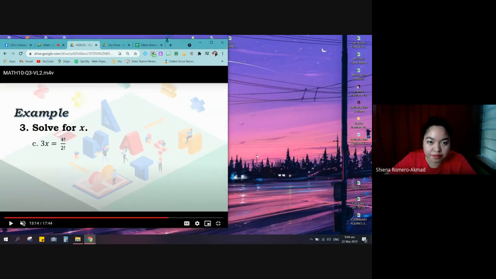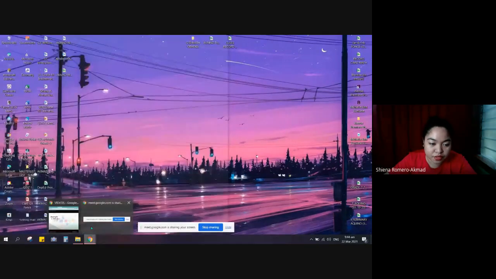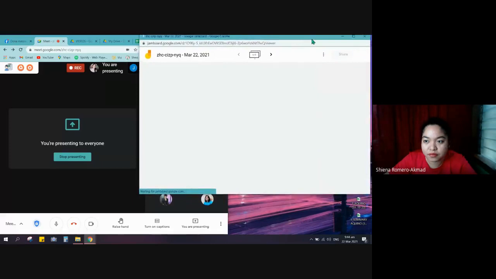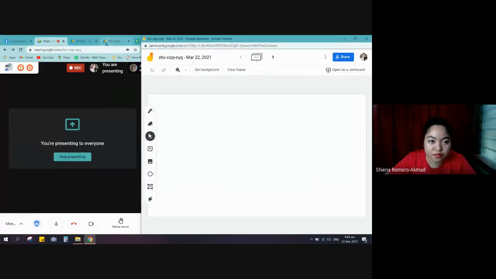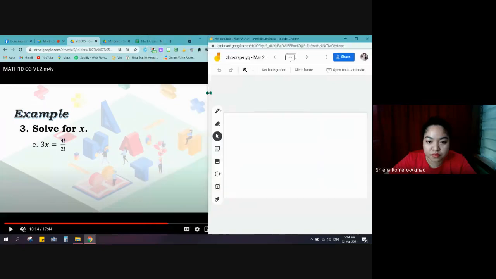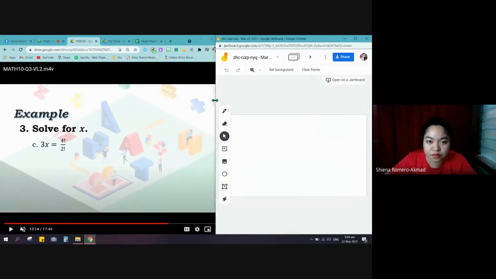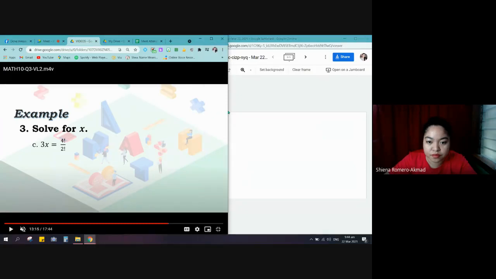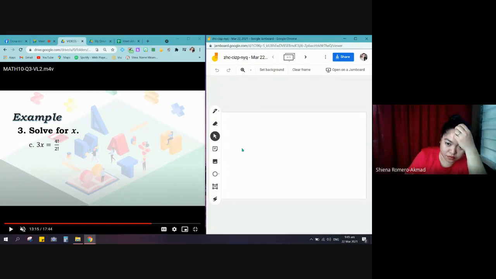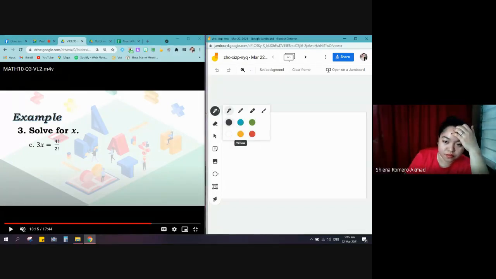Ayun, nandiyan na yung Jamboard ko. So, di ba nakalagay 3x, wait lang, nipis niya.